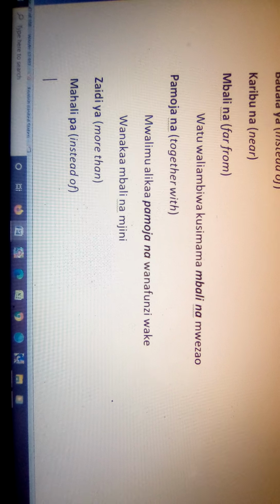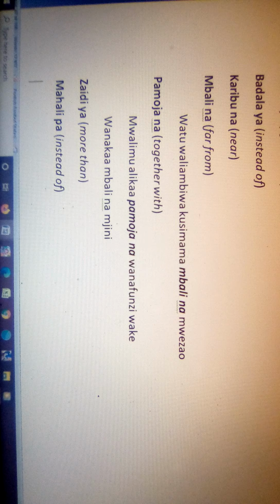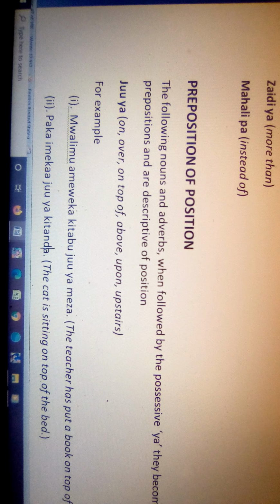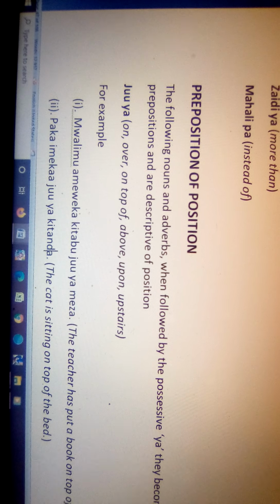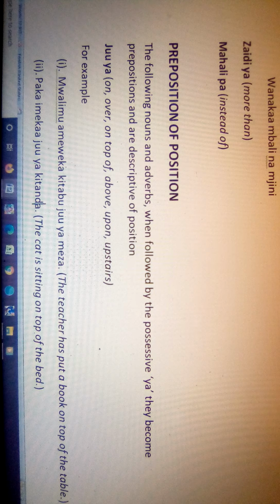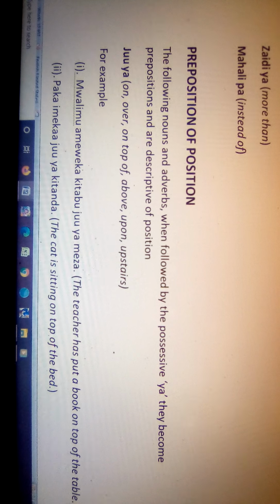Then we have zaidi ya, more than. Then we have mahali pa, instead of. Those are just the meaning of those prepositions. We are still looking at prepositions. The following nouns and adverbs, when used by the preposition ya, they become prepositions and are descriptive of position.